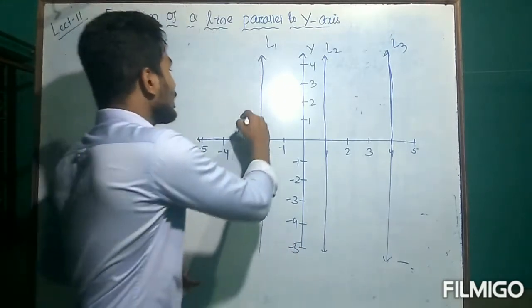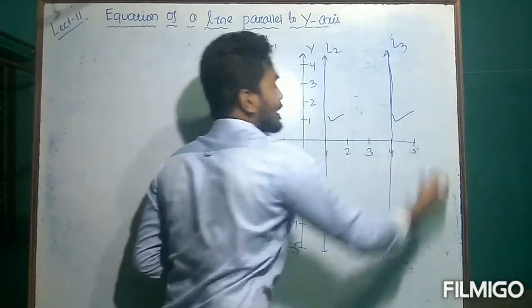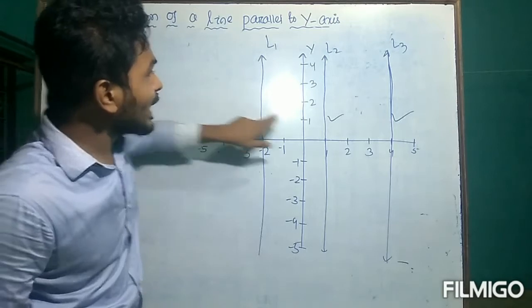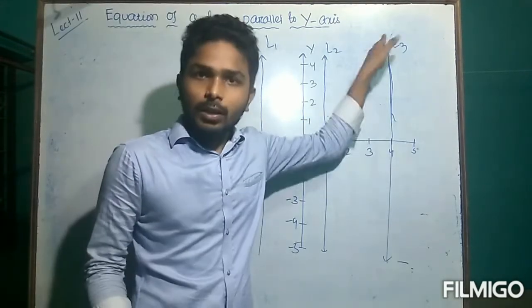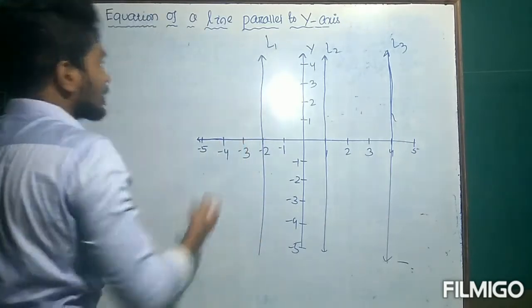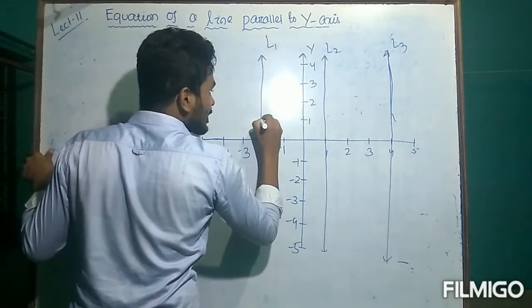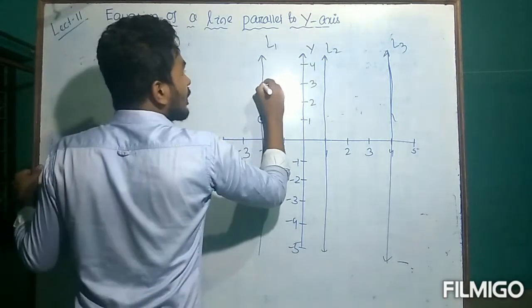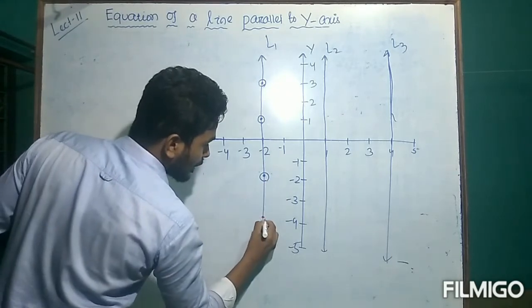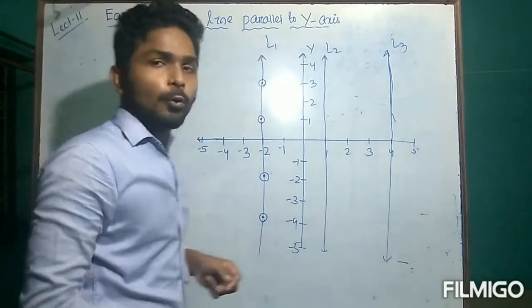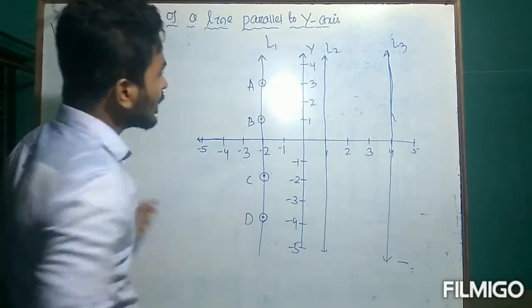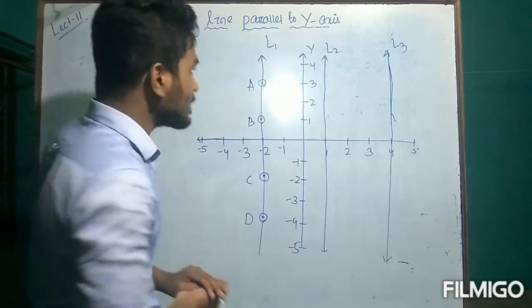Now we are going to find the equation of these lines which are parallel to the y-axis. For this you have to take some points on the line. For example, for the line L1, let us take some points on it. Here I took 4 points, A, B, C and D. Now let us find the coordinates of these points.